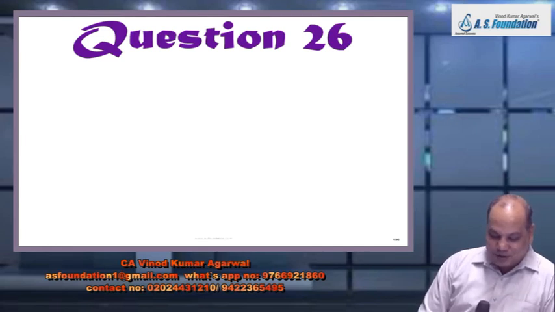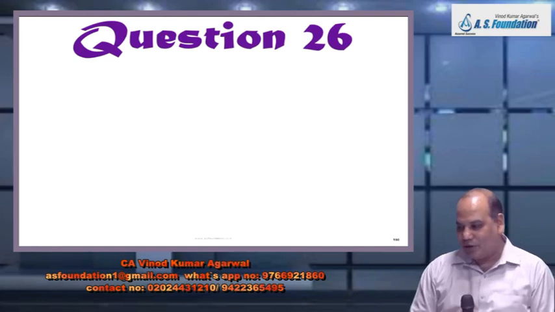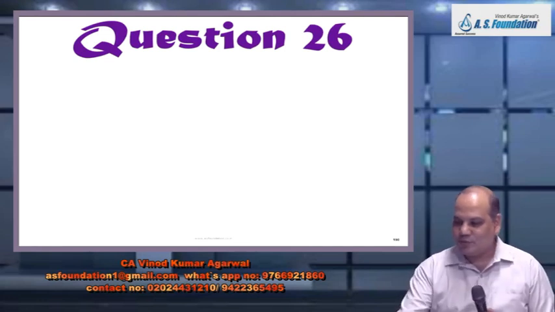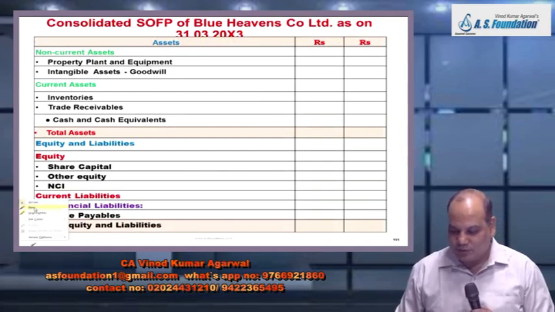The fair value adjustment to building and other PPE. Wait, the fair value adjustment in building and other PPE is in respect of a building. The building have an estimated useful life of 20 years. So what is the use of this data? That additional 300 that you have increased in PPE, divide by 20. So how much additional depreciation you will have to provide? 15.